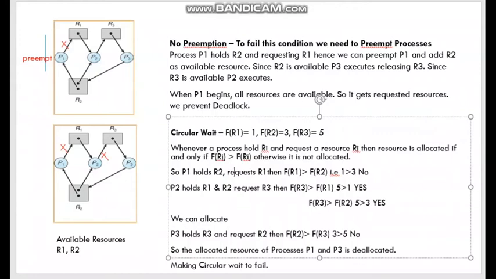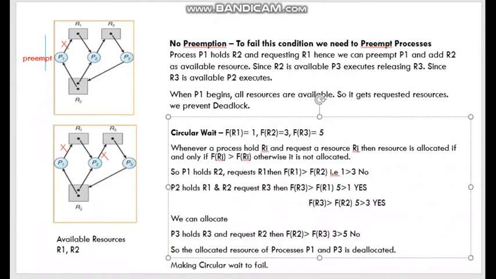Whenever a process holds Ri and requests Rj, then that resource Rj is allocated to the process if and only if f of Rj is greater than f of Ri. So it should be in increasing order.